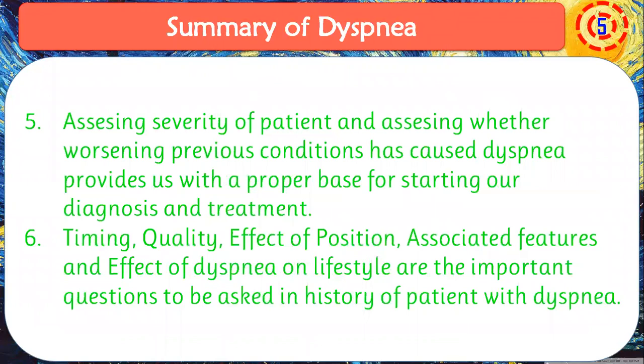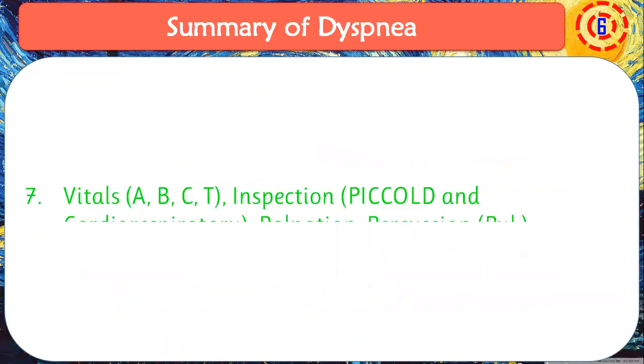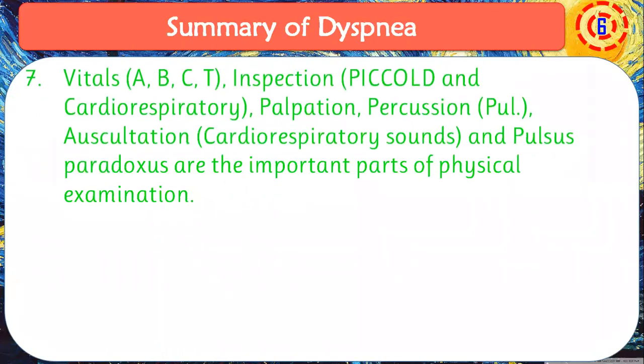In history taking, we talked that the timing, quality, effective position, associated features, and the effect of dyspnea on the patient's lifestyle are the most important questions which need to be asked in a patient with dyspnea. In examination, we mentioned that we have to check vitals, including airway, breathing, circulation, and temperature.